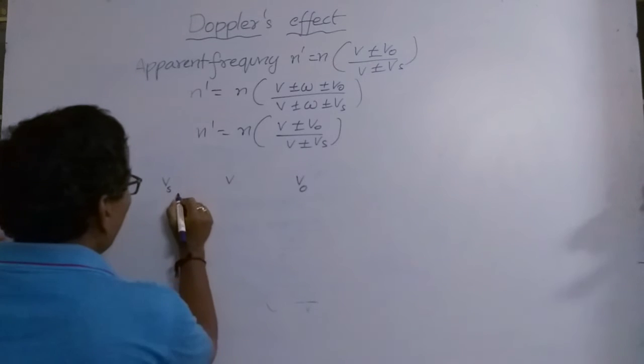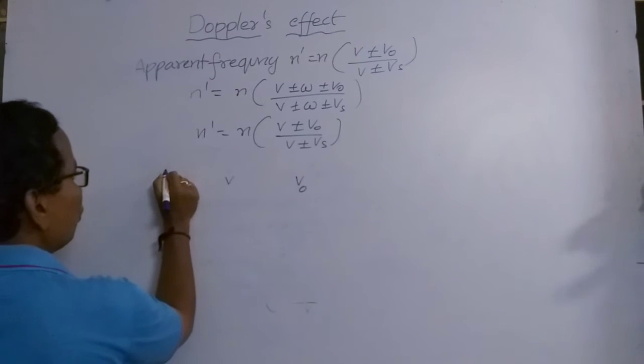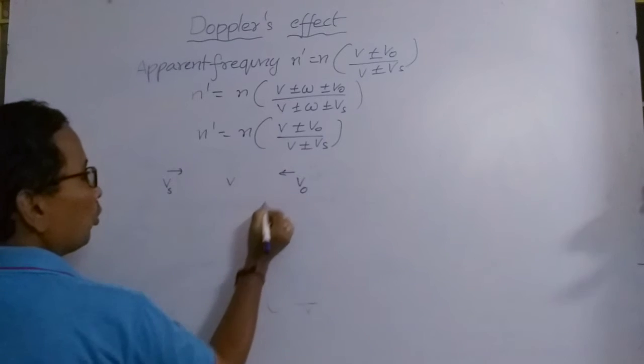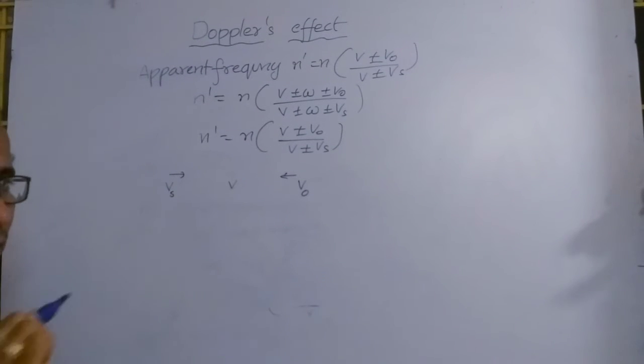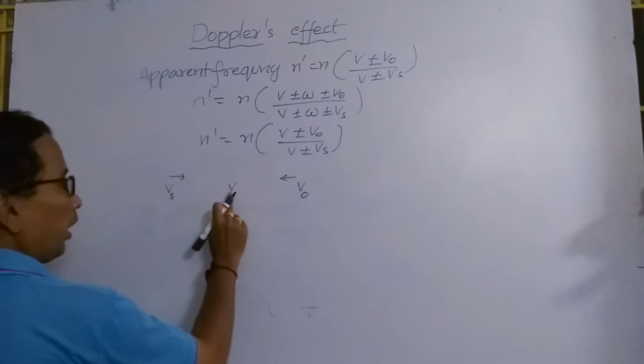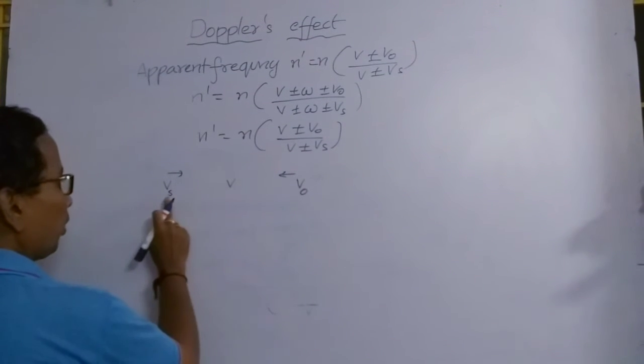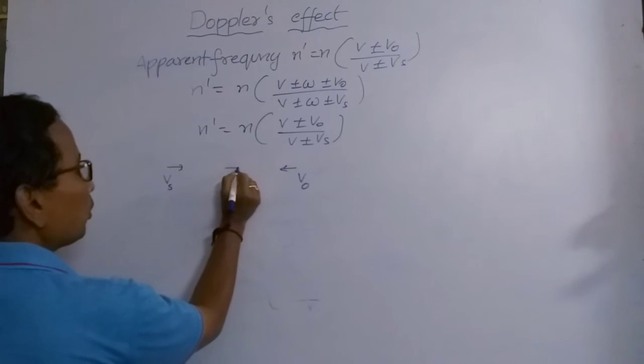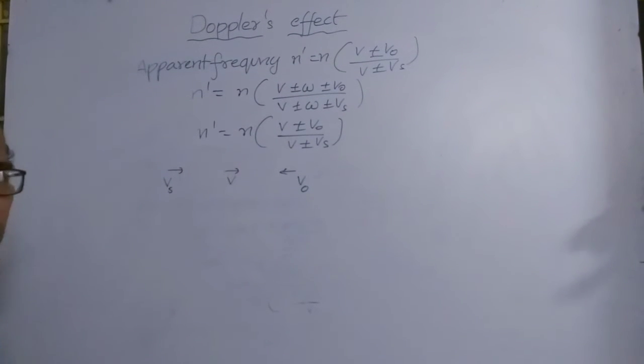Then the velocity of source is towards the observer, and the velocity of the observer is towards the source like this. The direction of velocity of sound is always from source to the observer, so mention the arrow like this.